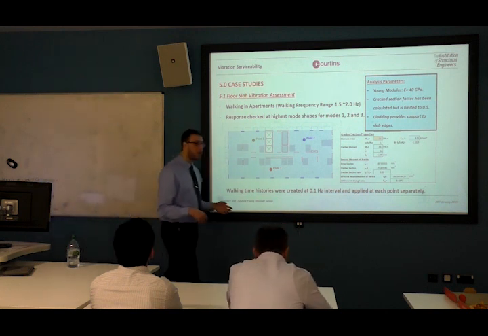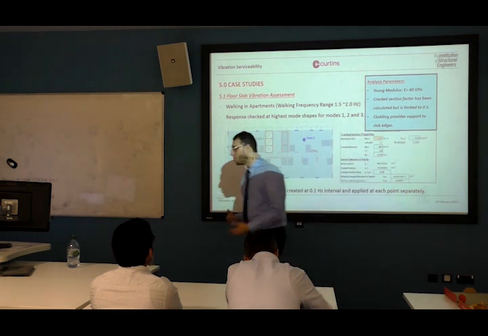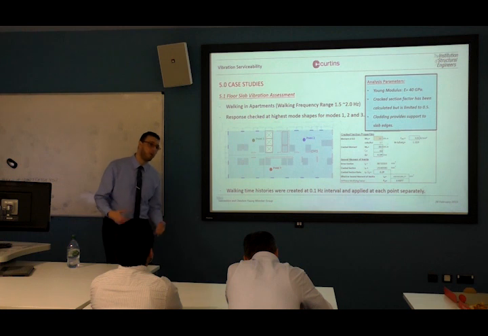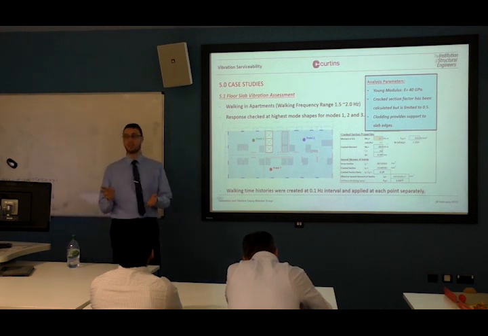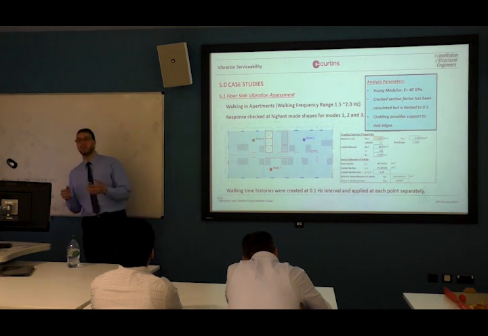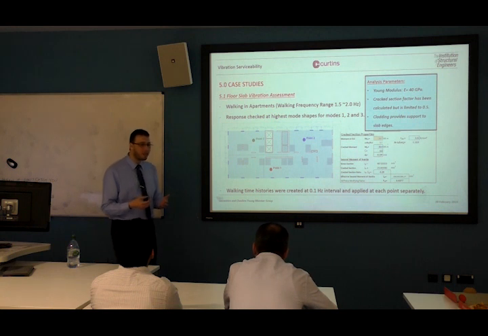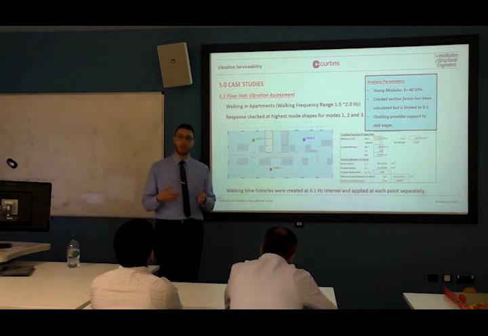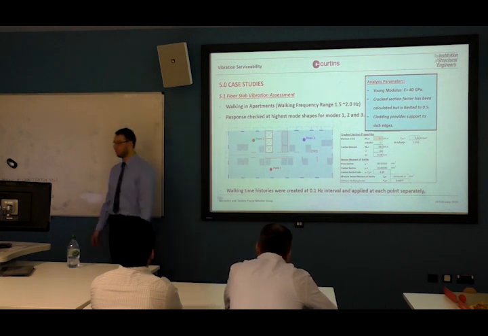Because the load itself is very small in walking, you can assume that your cladding actually is supporting the slab, not the other way around. Okay? So in vibration analysis, there are some parameters that you need to think about, and you can change them a little bit because the load is very minimal actually, and what you're concerned about is not the ultimate limit state, it is vibration.